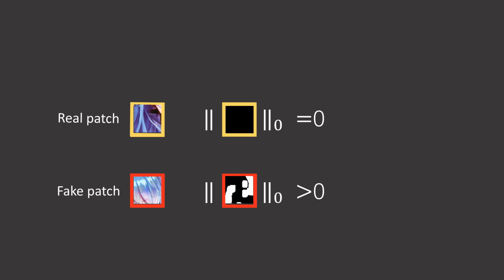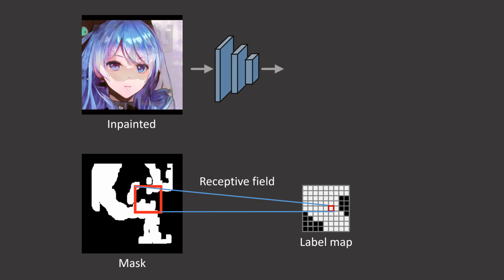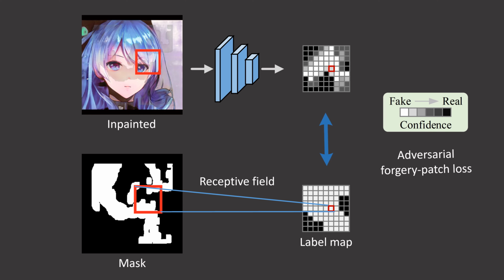If the L0 norm of the sub-region mask equals 0, we define it as a real patch. Otherwise, it is a fake patch. Thus we can build the corresponding label map to constrain the training of the discriminator. The hinge version of the adversarial forgery patch loss is performed to enforce the forgery patch discriminator to distinguish forgery and real patches in a given image.